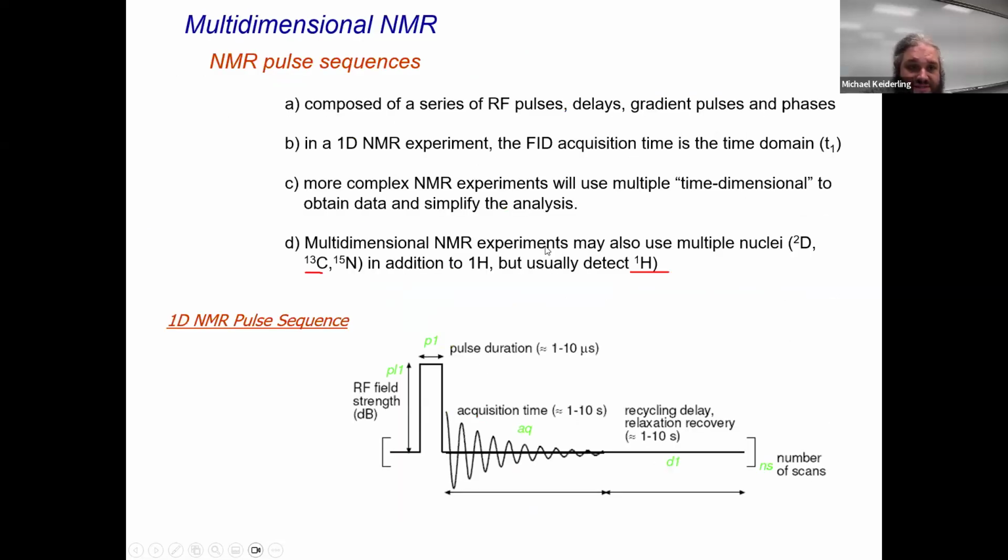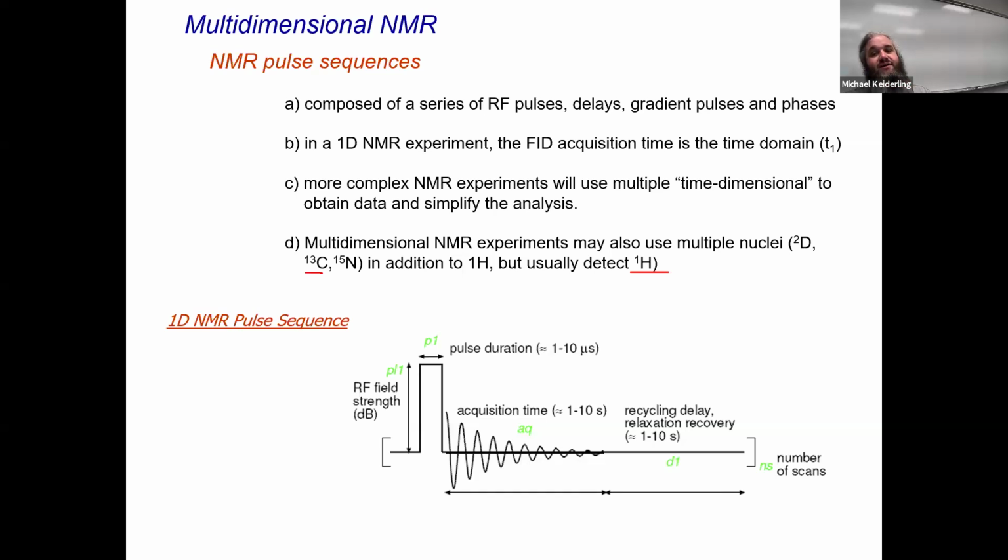So you can also do multi-dimensional NMR, which is a series of RF pulses, delays, gradients, pulses, and phases. So in a 1D NMR experiment, the FID acquisition time is the time domain T1. In more complex NMR experiments, we use multiple time dimensions to obtain data and simplify the analysis.